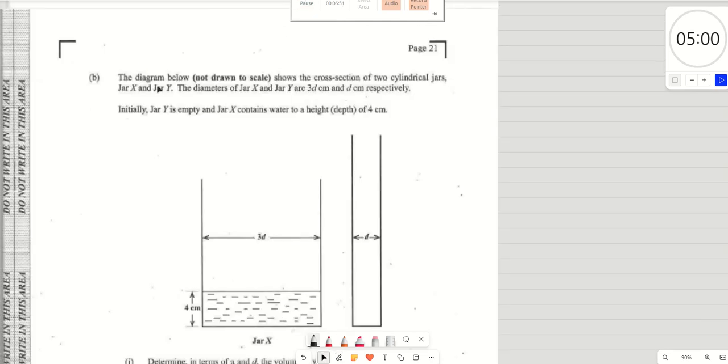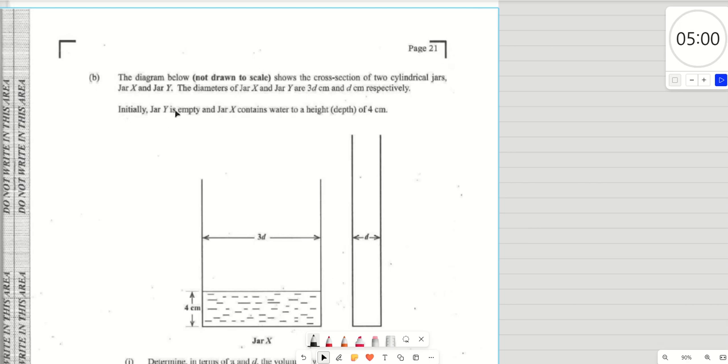Part B says the diagram below, not drawn to scale, shows the cross section of two cylindrical jars, jar X and jar Y. The diameters of jar X and jar Y are 3D centimeters and D centimeters.